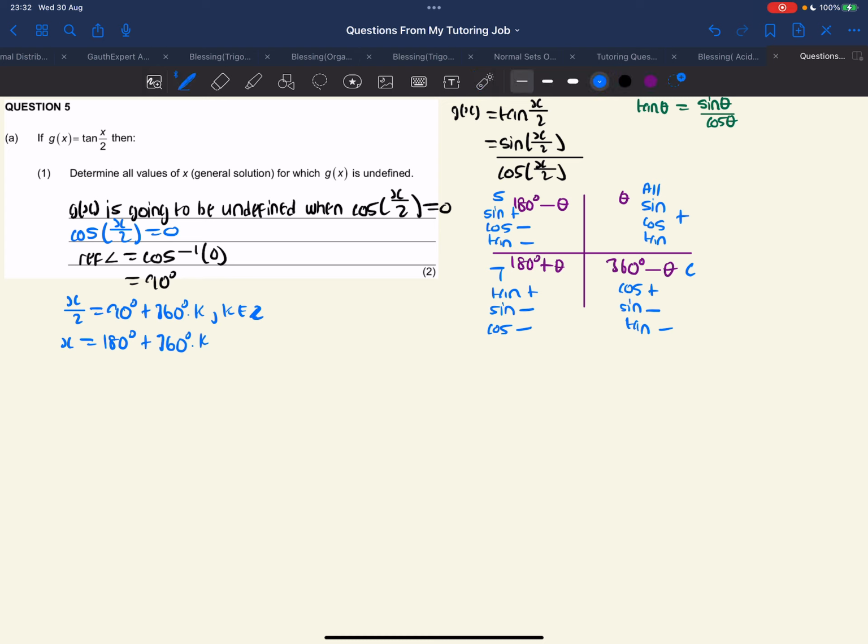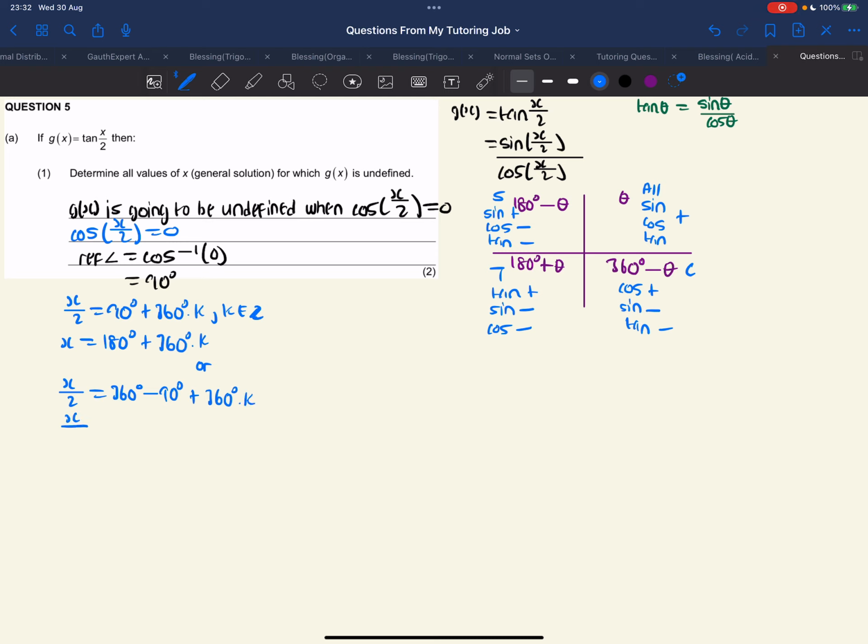All right. And then the other general solution that I'm going to look at is when you say x over 2 equals 360 minus 90, plus 360 times k.